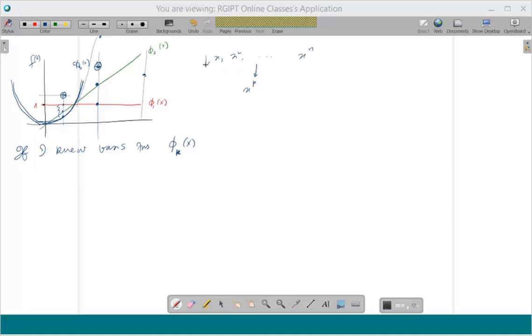I cannot write it as a linear sum of the rest of the polynomials. You can always take nonlinear combinations. You can multiply x with x raised to p minus 1, and you get x raised to p.